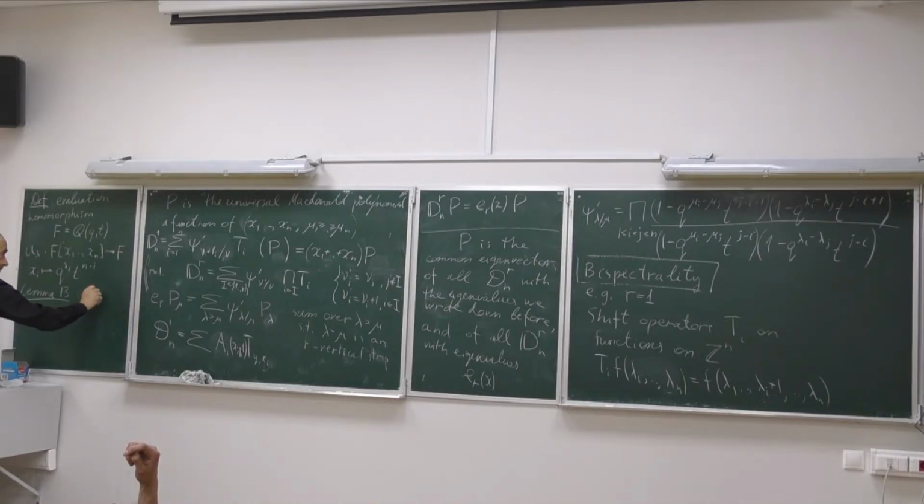It says that if the length of lambda was at most n, and we have n variables, then the Macdonald operator with generating variable capital X, applied to the Macdonald polynomial p lambda, is the product of binomials 1 plus capital X q to the power lambda i, t to the power n minus i, times p lambda.